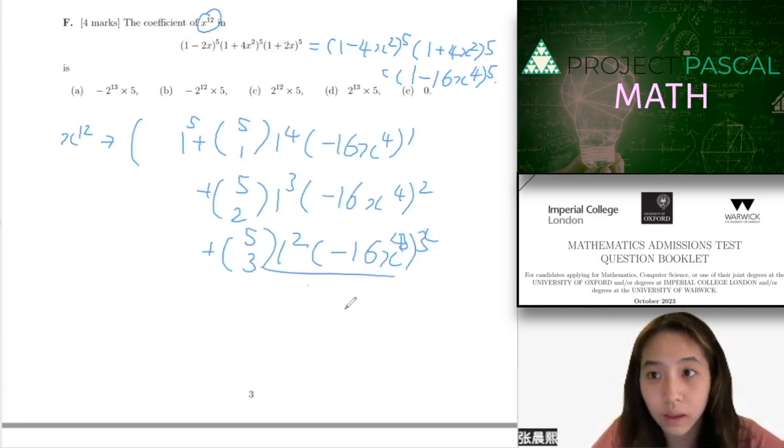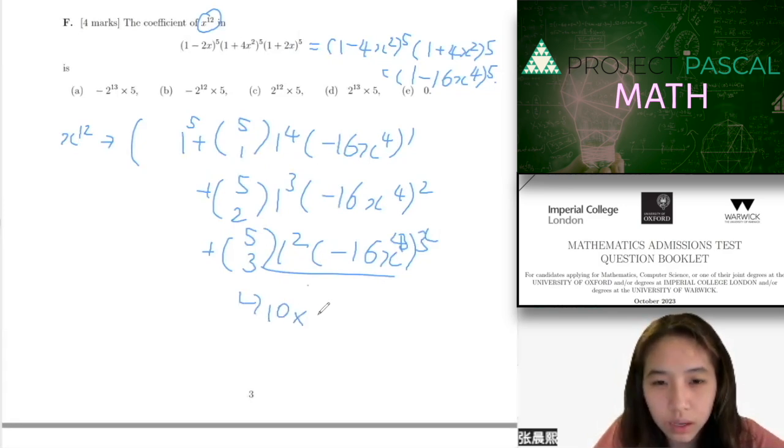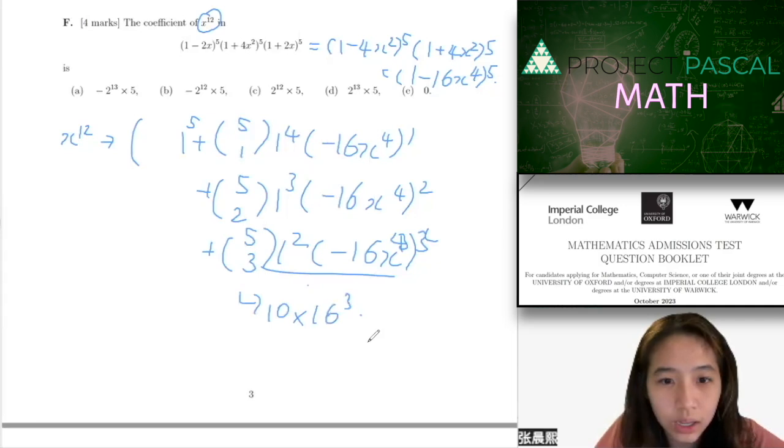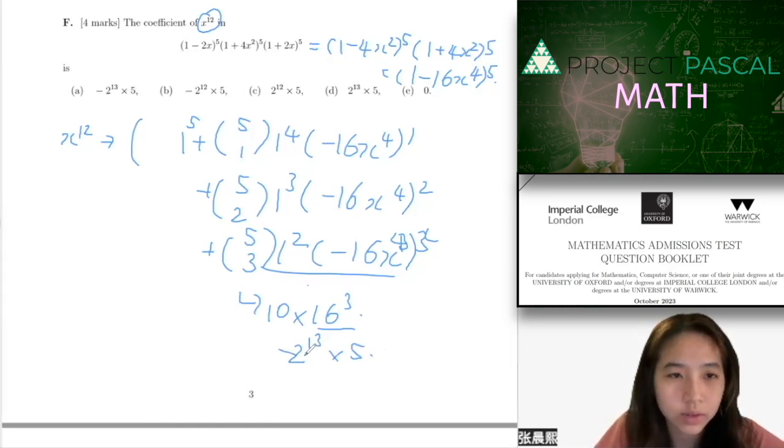And this gives x to the power of 12, so this is 10 times 16 to the power of 3. So this is 2 to the power of 13 times 5. Oh, but it's negative, so the answer is A.